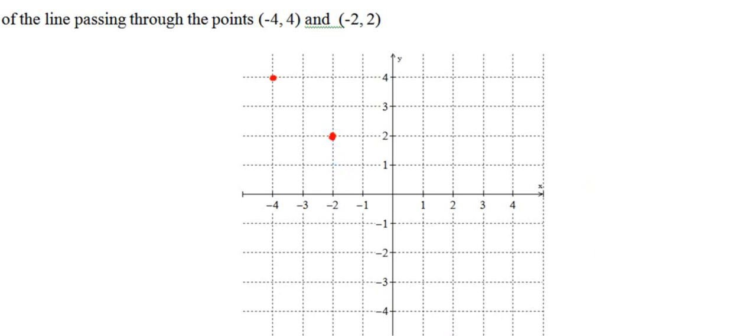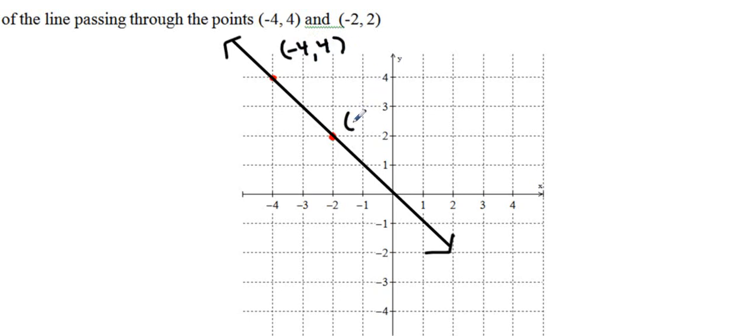I'm going to join them with a nice straight line, and I'm going to put some arrows on the end of this line. I should label the 2 points. So this is (-4, 4). This is (-2, 2).